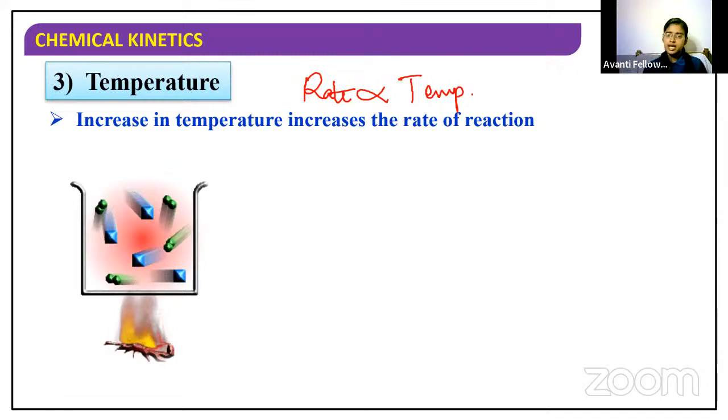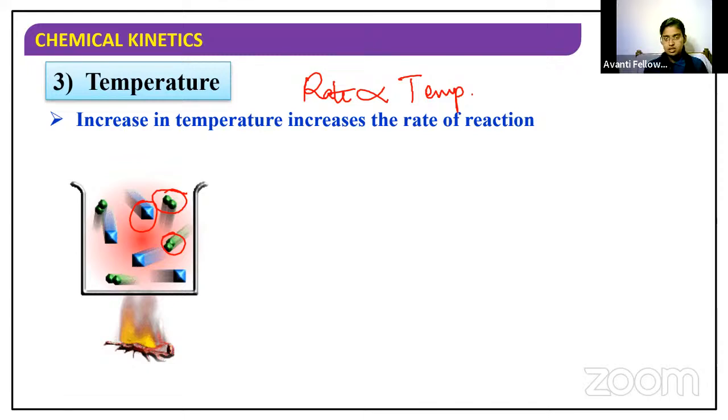We can also study this using the kinetic energy form. Here the mass of the molecule remains constant, but the velocity, meaning the speed of each molecule, is increased on increasing the temperature.